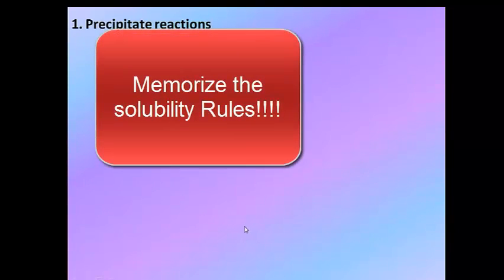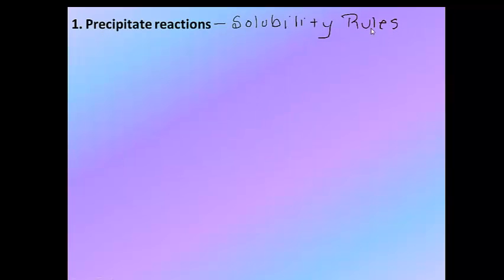Alright, precipitate reactions. Nice and simple. This is going to be based on solubility rules, which you have a list of, and you have to memorize them. The solubility rules will dictate whether a precipitate forms or not.